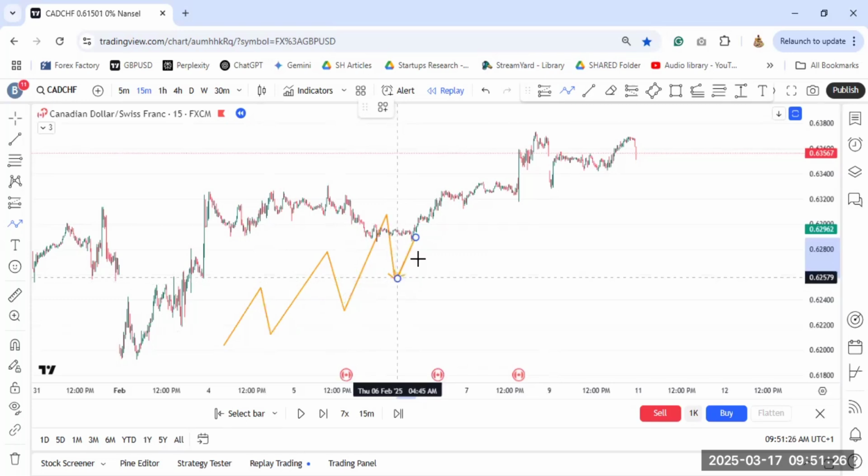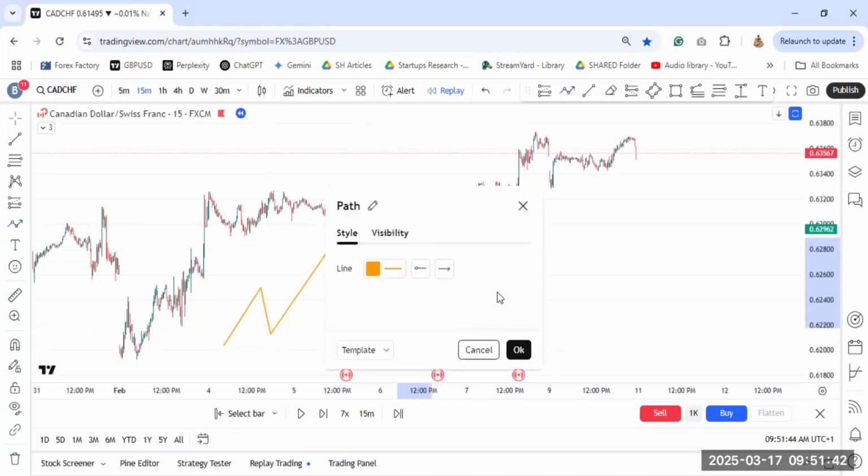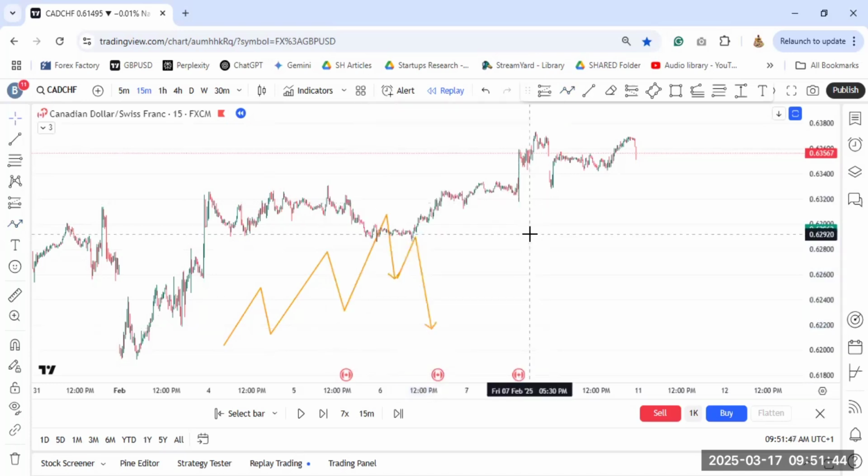But when the market reverses its trend, a change of character occurs. So it will start breaking those points that it was unable to break before. So you will see something like this happening. When you see this happen, a change of character has occurred in the market.